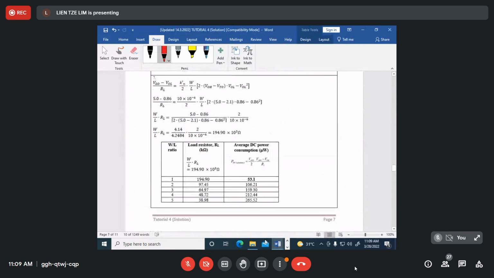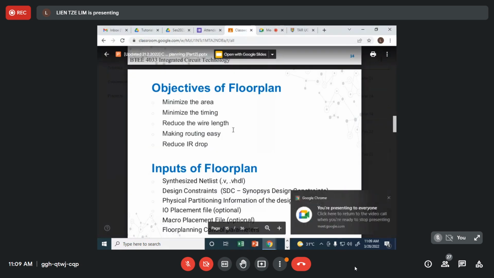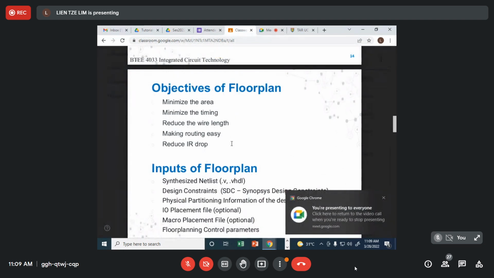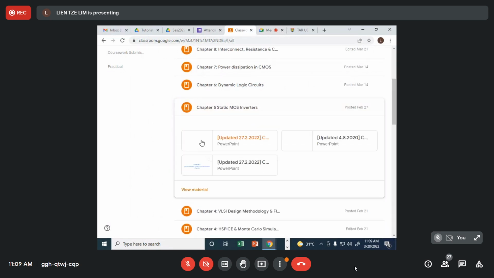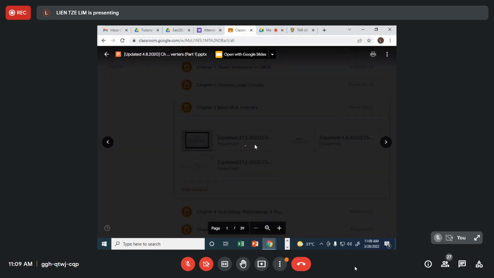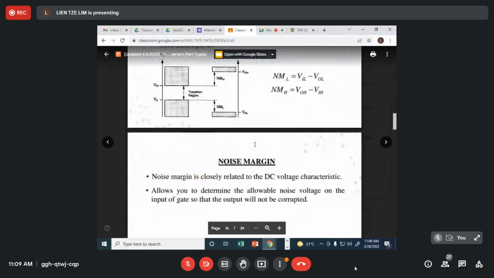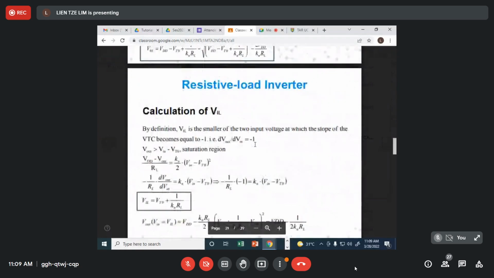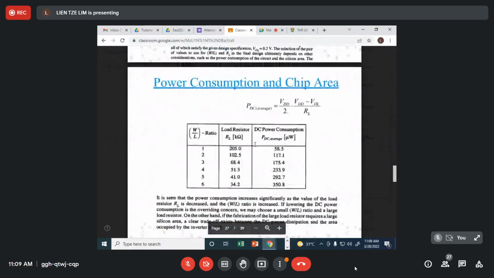Before I show the answer, I have this slide that I want to recall, in chapter 5. To solve question 7, you will have to refer to this one to understand.